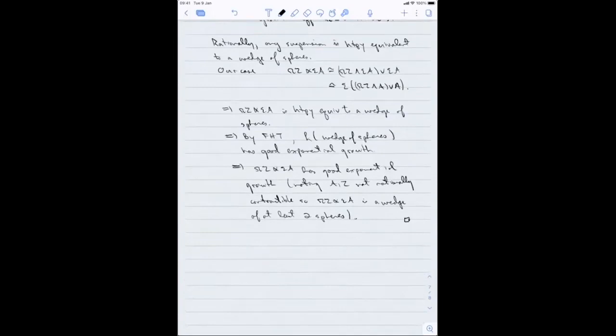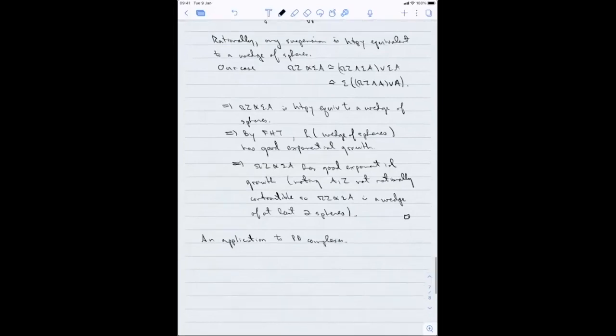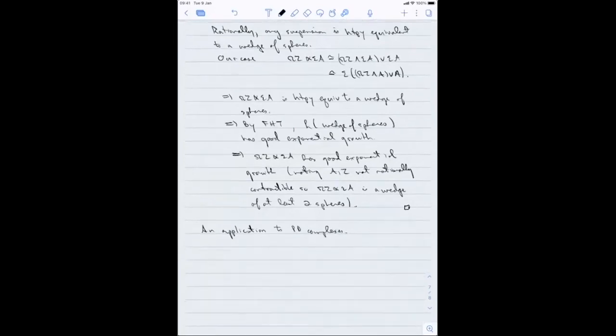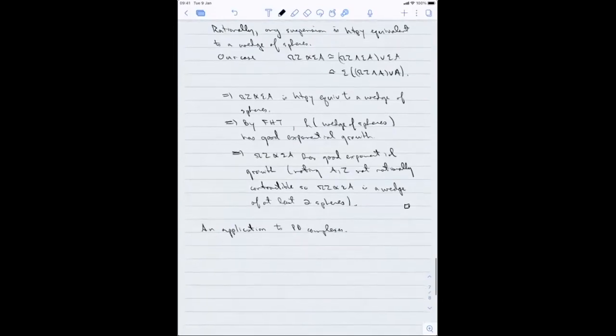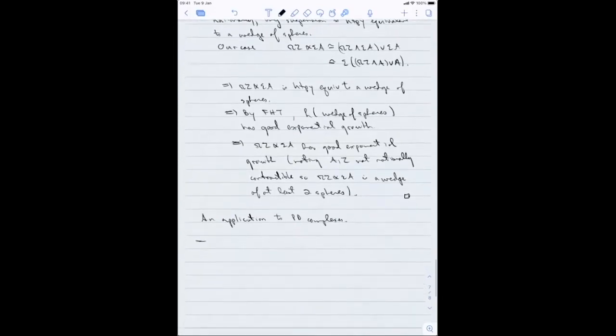And we can apply this to say something about some Poincaré duality complexes and the growth in the rational homology of their free loop spaces. So the theorem, again, due to Beiji, Huang, and myself.